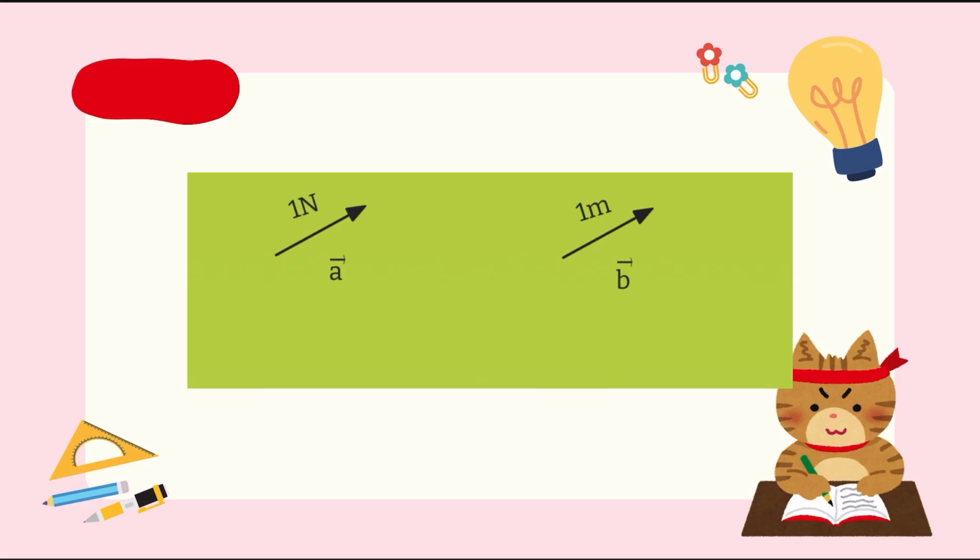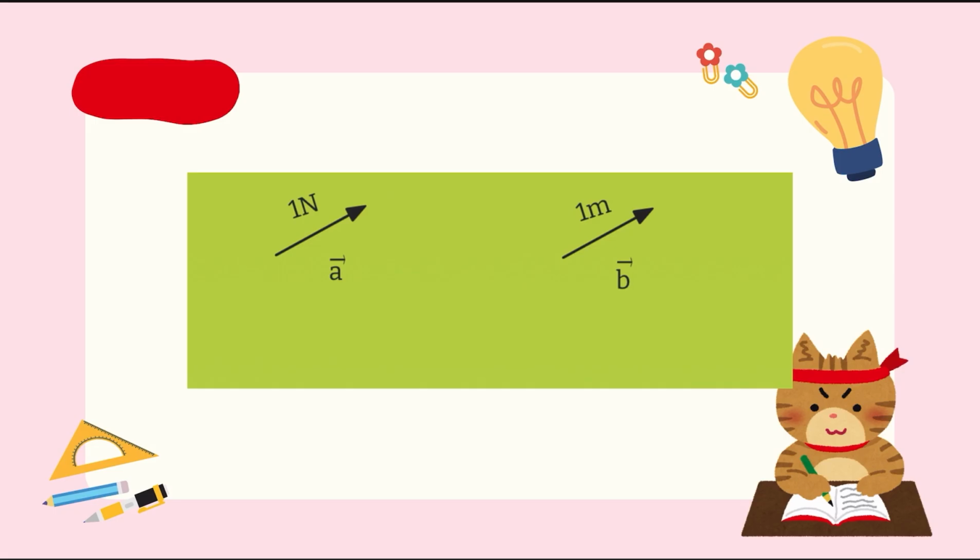So the next topic, let's move on to the unit vectors. The definition of a unit vector is a vector whose magnitude is 1. It's very simple. If we say vector a is a unit vector, then it has a magnitude of 1.